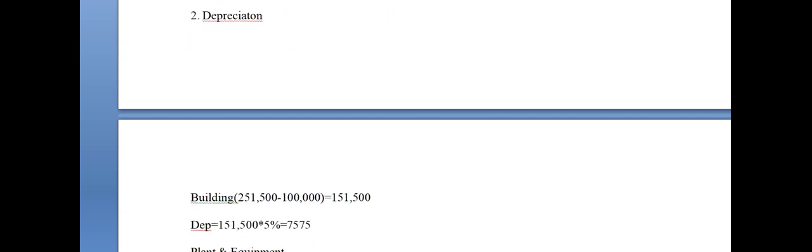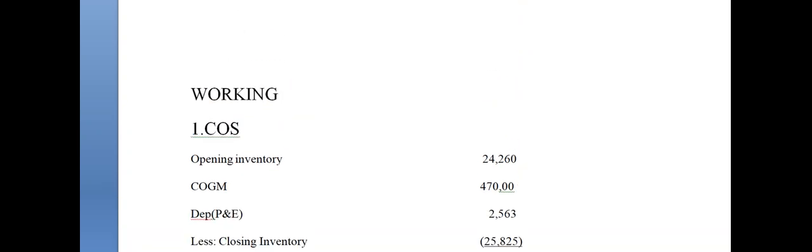Now, if you add the two together, the total will be what? 6,389. Is that not what we got? So our finance cost is 6,388, with approximation differences.